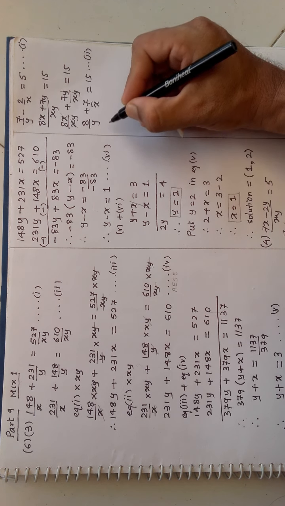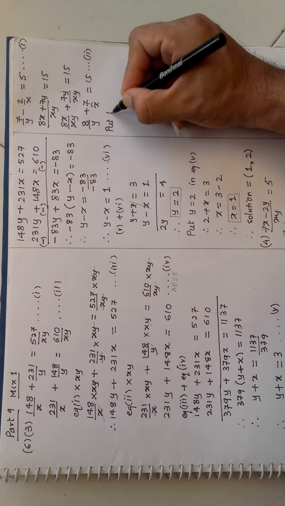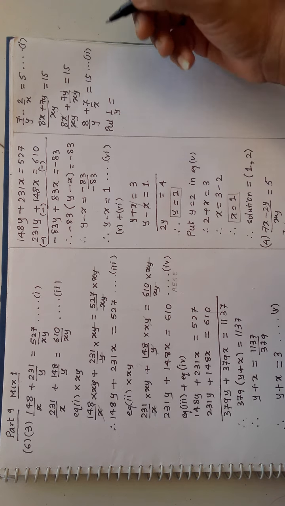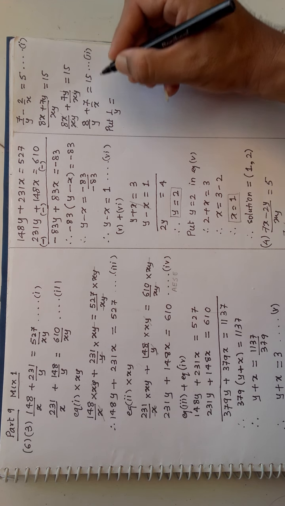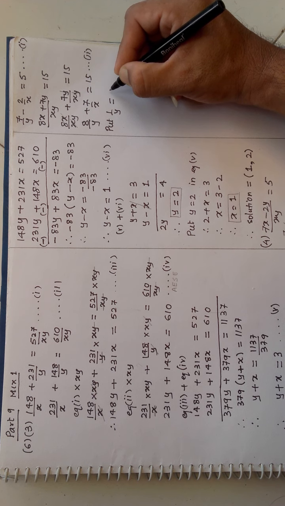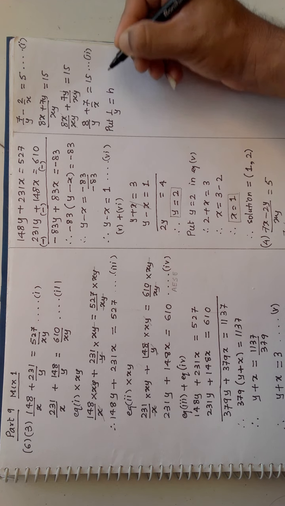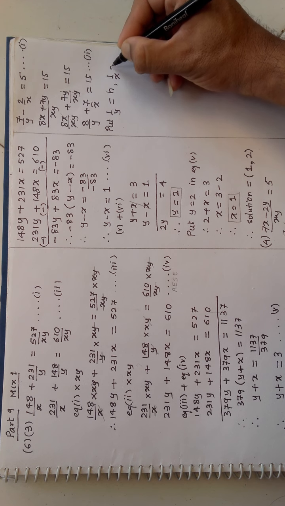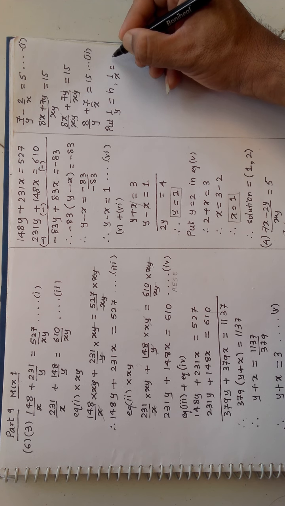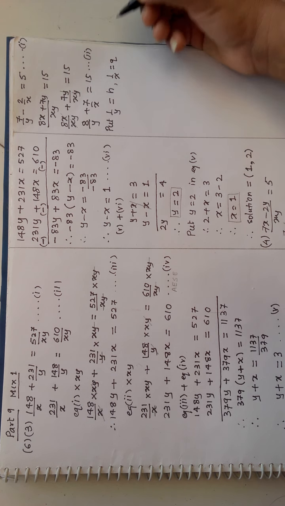So what I am doing here, I will put 1 by y is equal to, say, h, and 1 by x to be some other variable, that is say q.